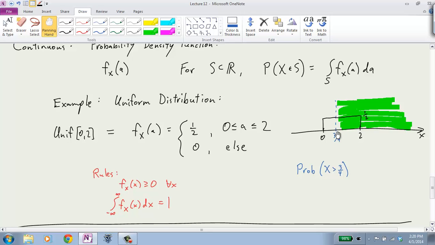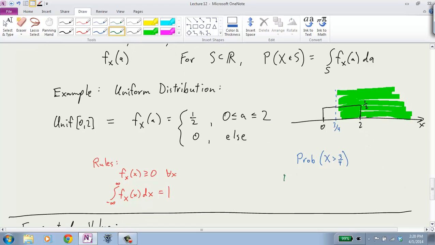But we could also write it out and say expected value of x equals the integral. Now, it's this integral, right? But that's just the integral from 0 to 2.